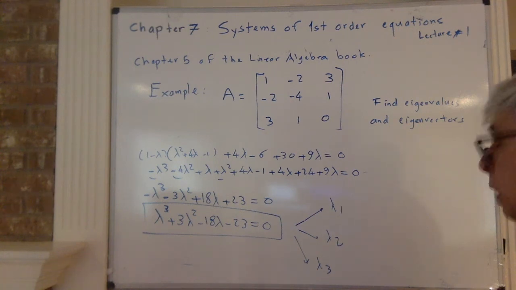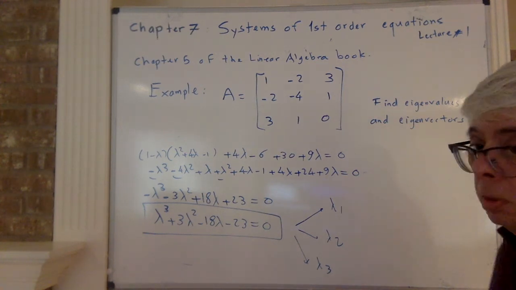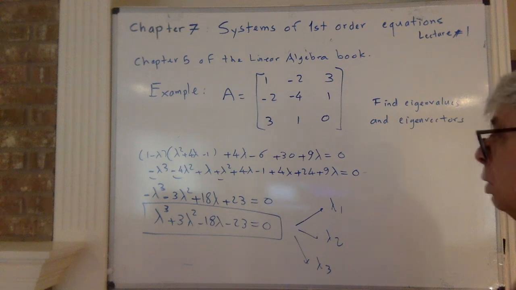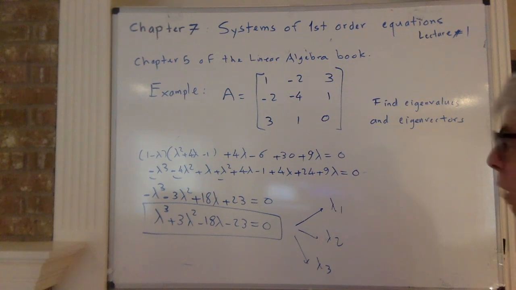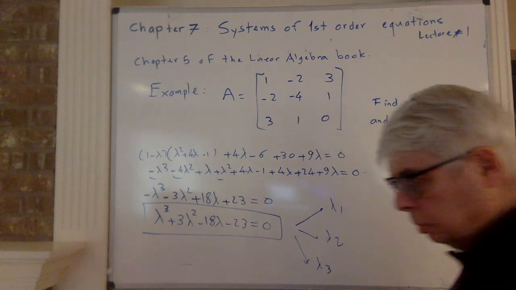Now, since your exam is a take-home, I might give you something like this, so you can do that on Wolfram Alpha. Anyway, let's stop here, and I will write down the solution to this equation, and I will find eigenvectors for you next time. Okay, see you.